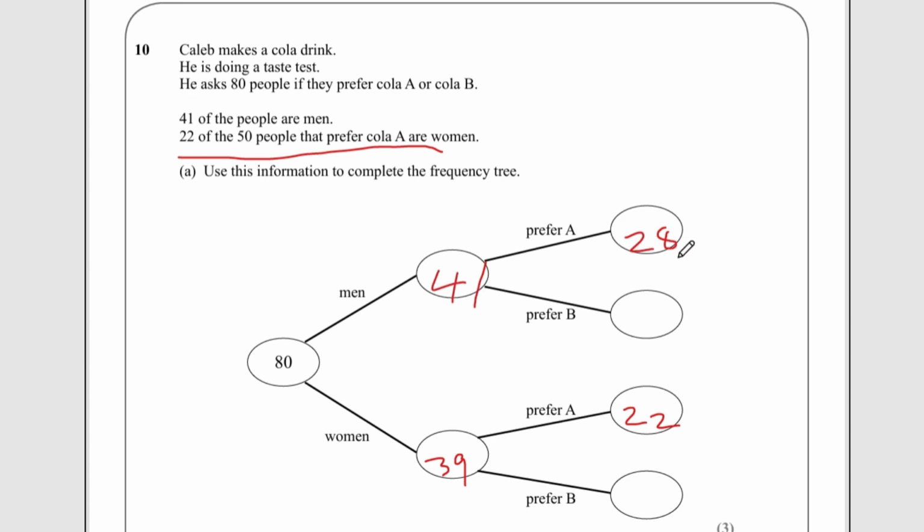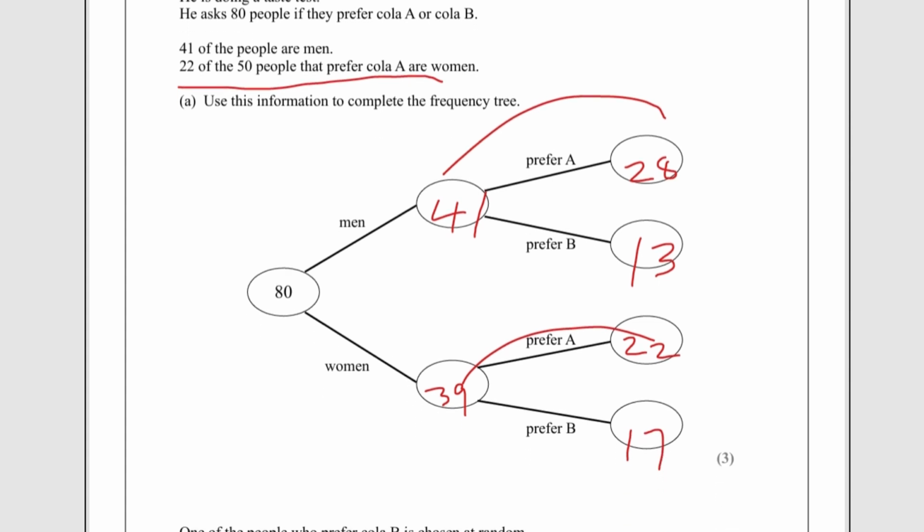Then total men are 41, and 28 prefer A, so you subtract 41 minus 28. That will give you 13. You have 13 here. And here 39 minus 22 will give you 17 here.